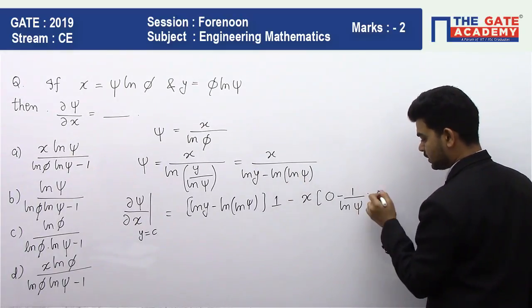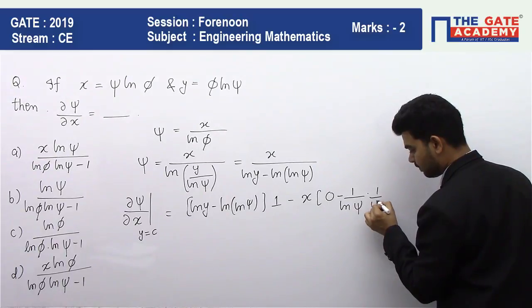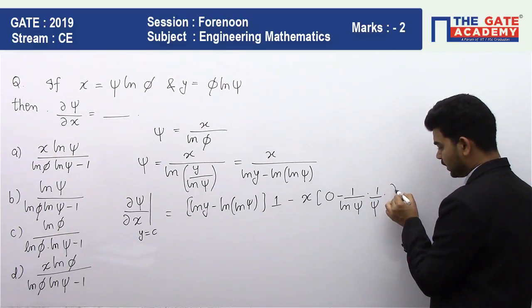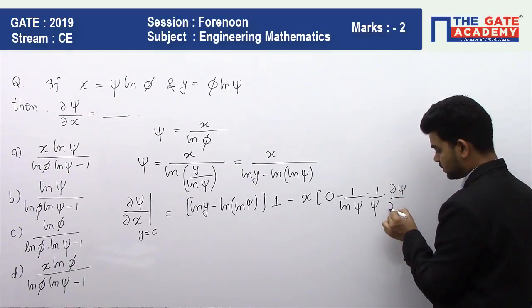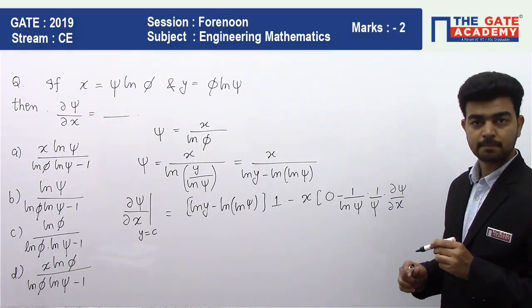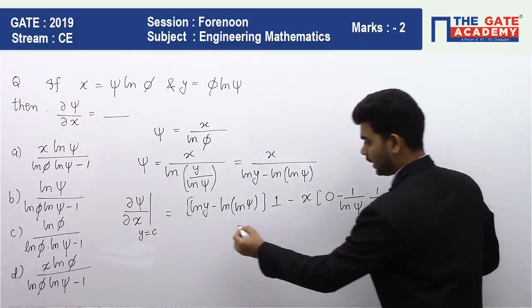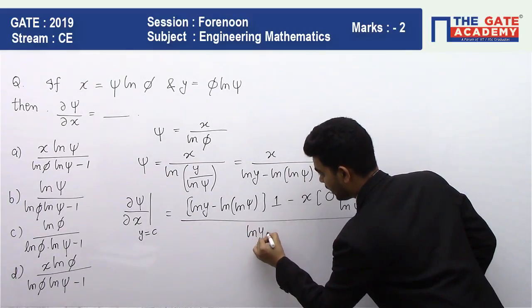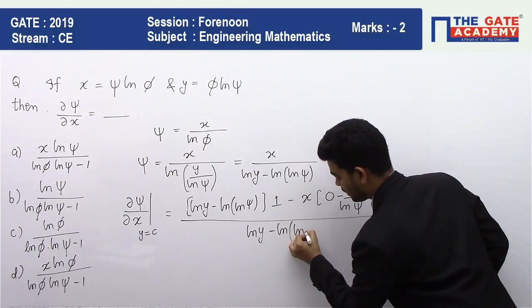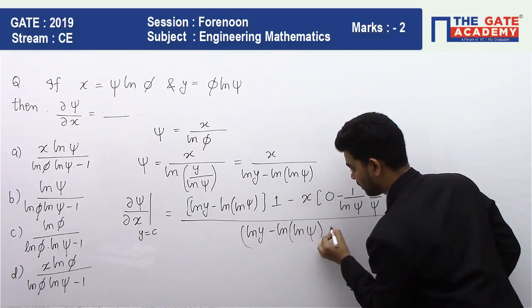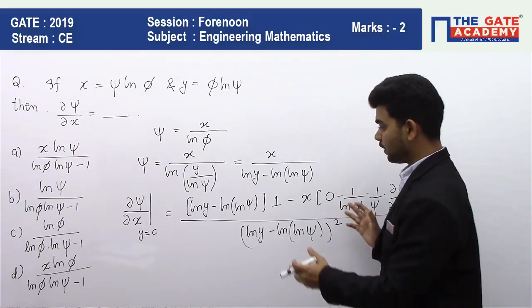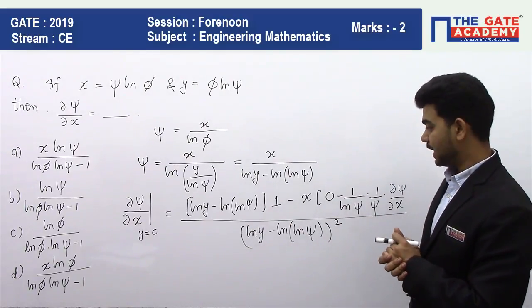Now we will differentiate this ln psi, that will be 1 by psi. Again here it will be del psi by del x because the chain rule is there. And in the denominator we will be having ln y minus ln psi whole square.